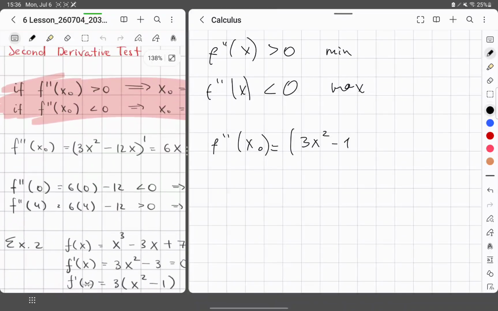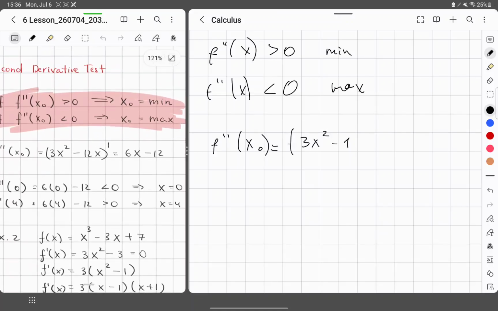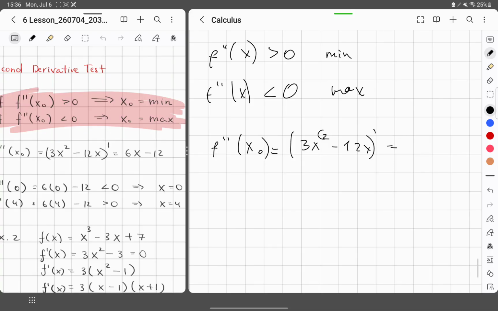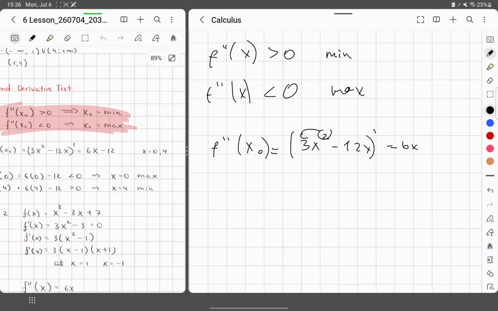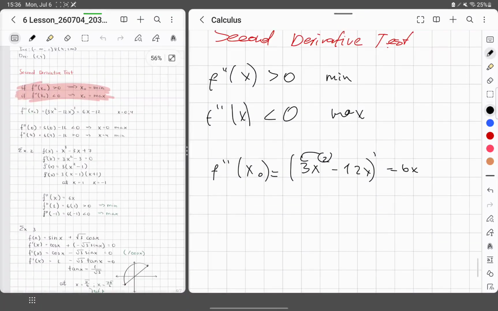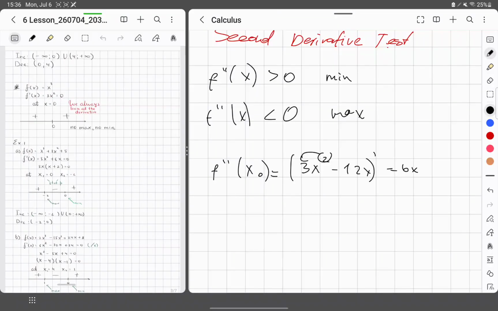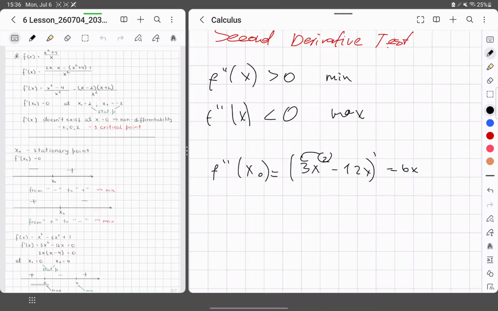So we took the first derivative, and that is the second derivative of that exercise. It will be 6x. That was another example. I don't want to confuse you, so let's find that one where the roots were 4 and 0.